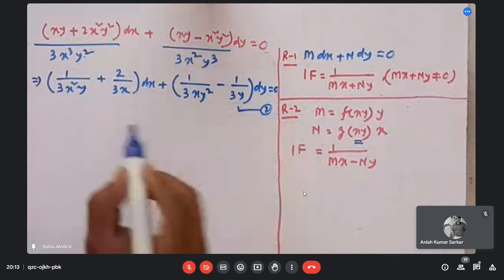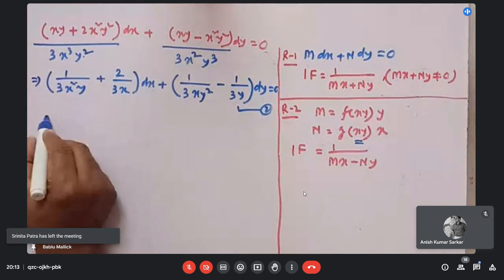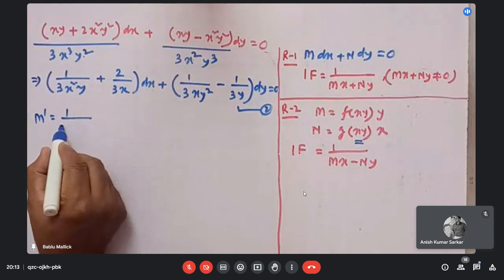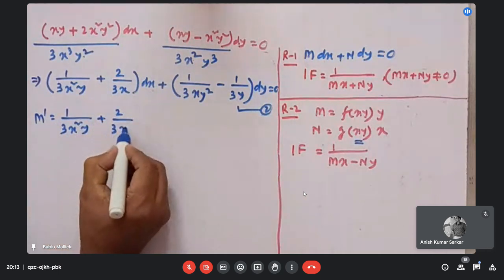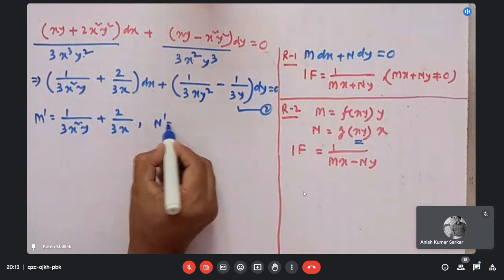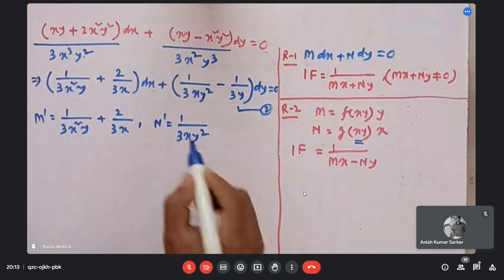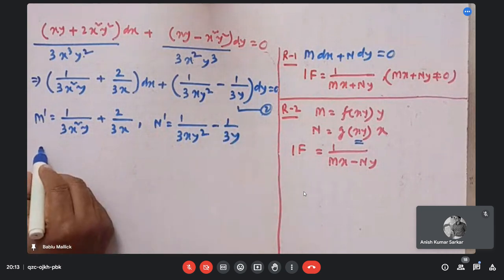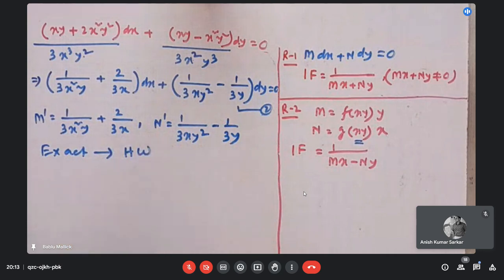This is number 2. Clearly you will check this. Let M dash be 1 by 3x²y plus 2 by 3x, and N dash be 1 by 3xy² minus 1 by 3y. It will be exact. You have to check it. This is your homework.